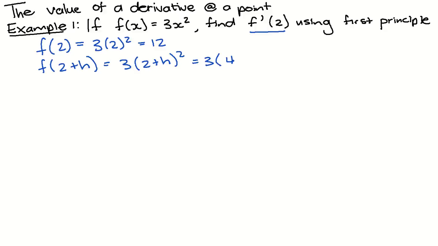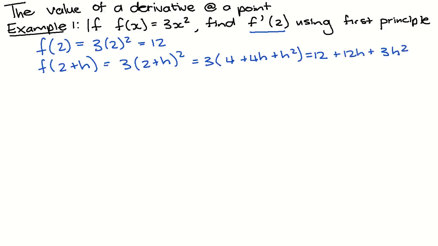Square the first, times the stuff inside and double it. So 2 times h is 2h. Double it is plus 4h, because there's a plus there. And then plus h squared. Now, don't let me make the same mistake again. I've got to distribute that 3. 3 times 4 is 12 plus 12h plus 3h squared.